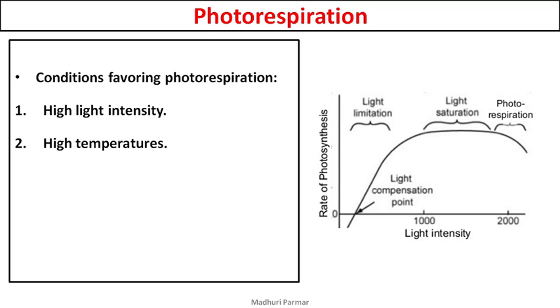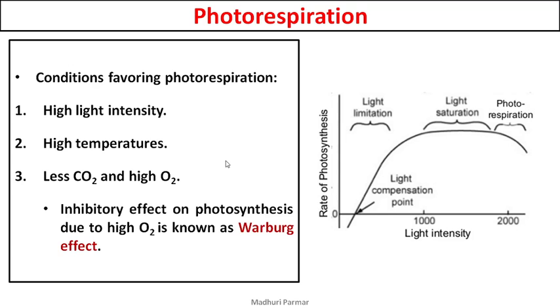When there is very high intensity light, then it can cause photorespiration. Higher temperatures: if the temperature rises above 35 degrees or even 30 degrees for C3 plants, it causes a lot of photorespiration. When there is less carbon dioxide outside and more oxygen, in this case also there will be chances of photorespiration.